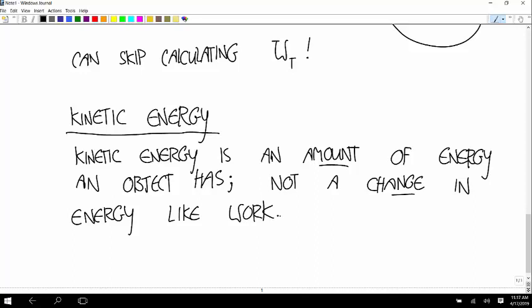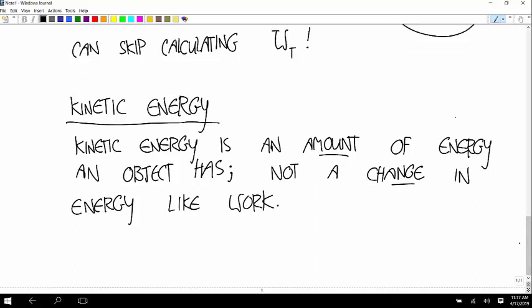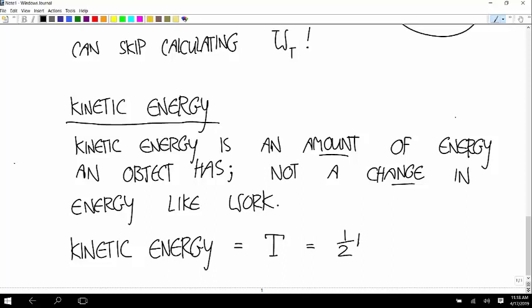We expect it to be related to the speed. And the formula is the kinetic energy of an object, I'm going to call it fancy T, is equal to 1/2 times the mass of the object in question times the speed squared.